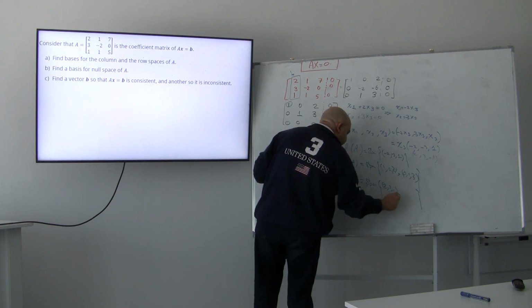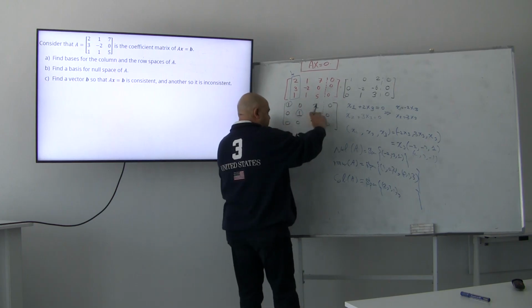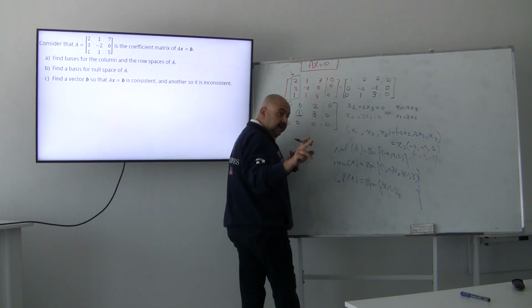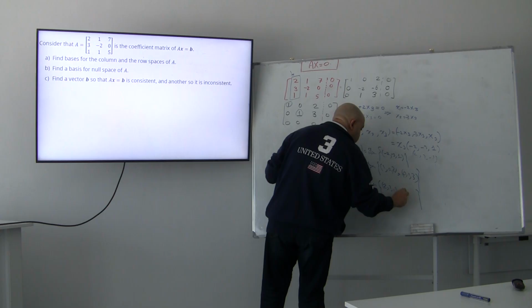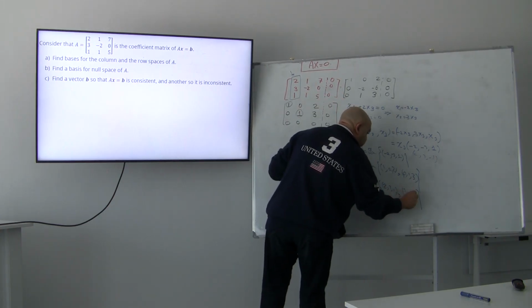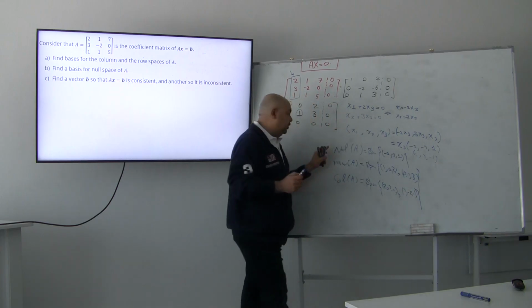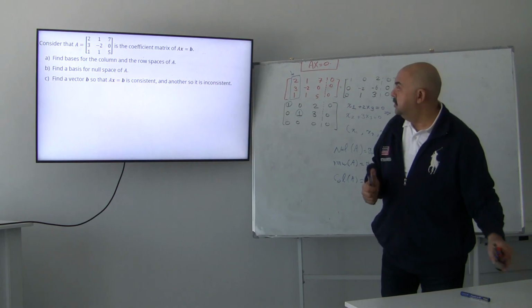Then I will take the pivot of the second column, which exists in the echelon form. So I will take the second column, which is 1, negative 2, and 1.